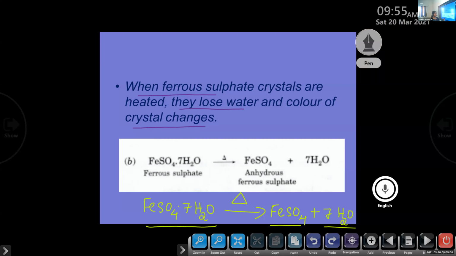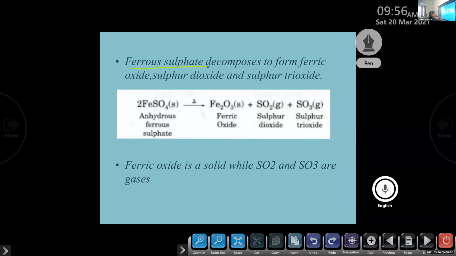So we are moving to the remaining portion. This FeSO4.7H2O on heating becomes FeSO4 and 7H2O. That means water molecules are removed from this compound. Then the ferrous sulfate decomposes to form ferric oxide, sulfur dioxide, and sulfur trioxide.